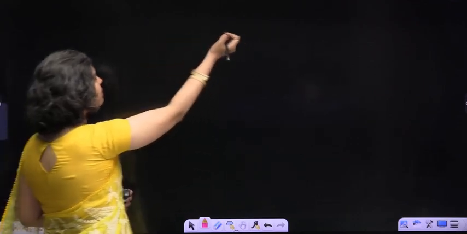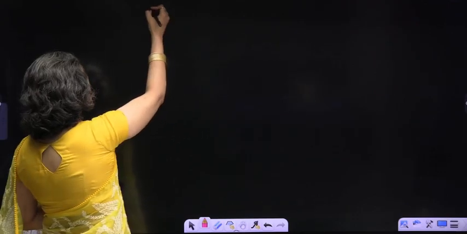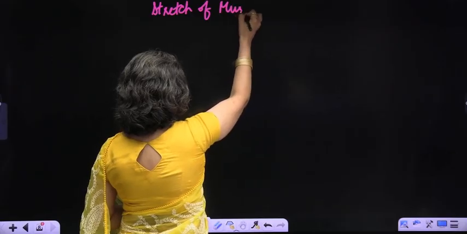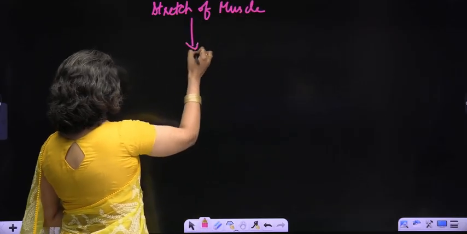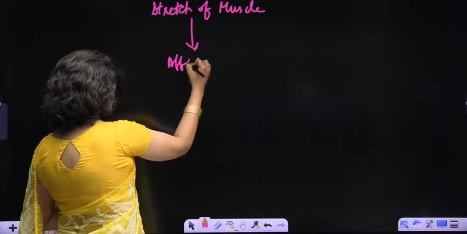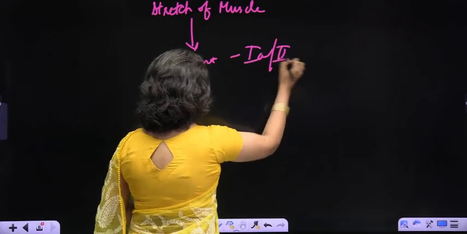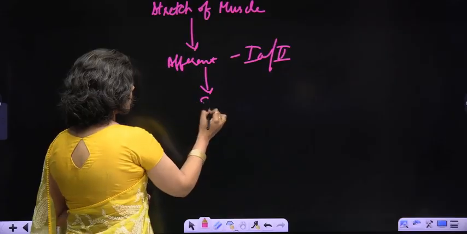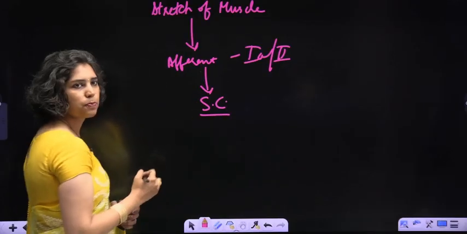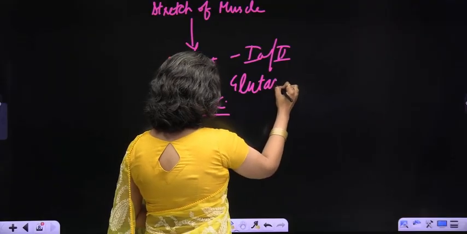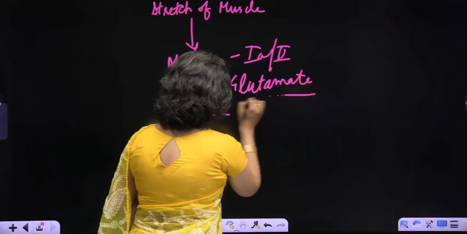We can show it with the help of a flow chart as well. Stretch of muscle, afferent fibers via type 1A and type 2 fibers reach the integration center, the spinal cord, and there is release of the excitatory neurotransmitter glutamate.